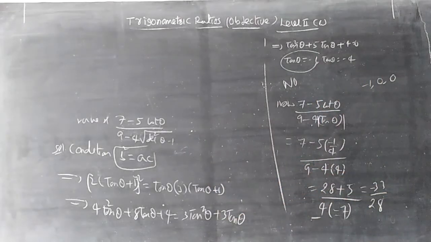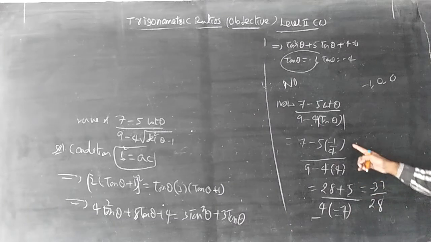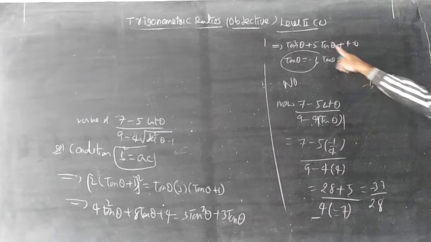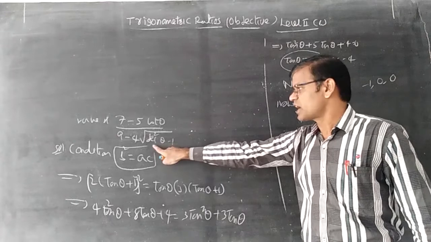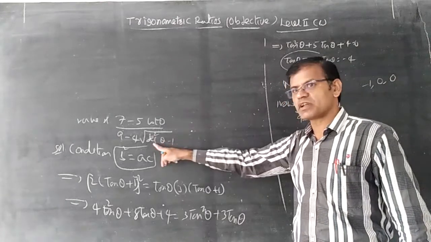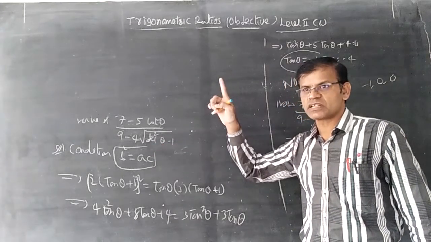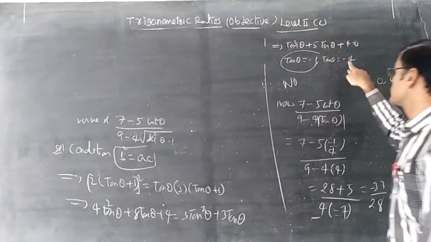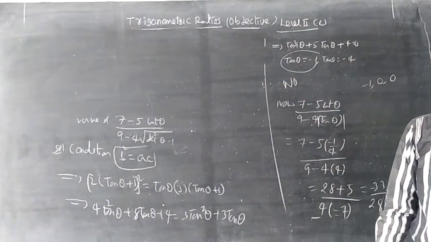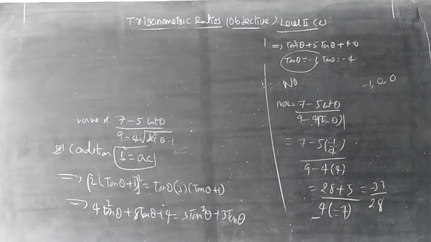Root of secant square theta minus 1 becomes plus tan theta or minus tan theta. Two cases are there. I have taken plus because here you have to substitute the value. So tan theta is equal to minus 4, secant square theta becomes root of 1 plus tan square theta, root of 1 plus minus 4 whole square. It becomes positive.